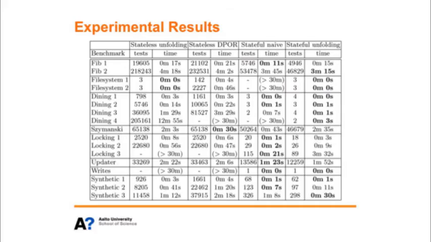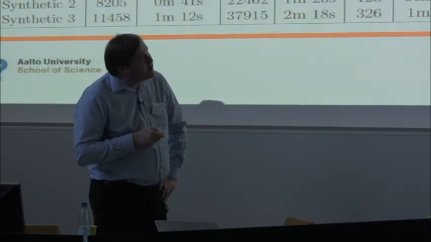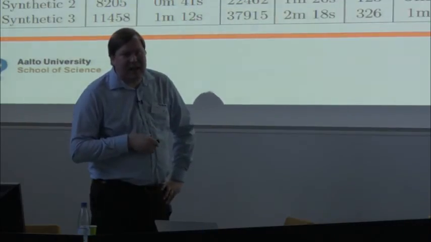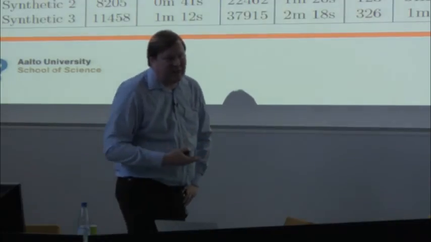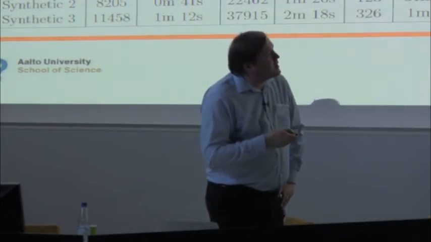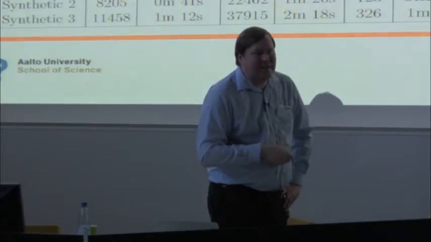So if we do stateless unfolding, we're actually the fastest in this case where we generate 3 test cases, but otherwise we're usually pretty bad. If we do stateless DPOR, we're once fastest. If we do naive search, which doesn't have any partial order reductions at all, just has this cutting heuristic, we're actually the fastest in many cases.